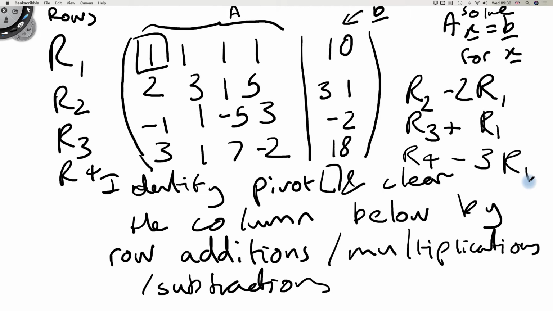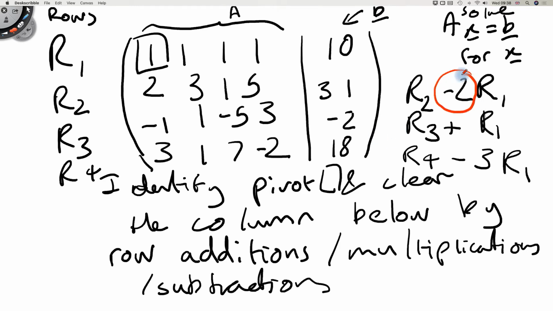It's just your simultaneous equations. We're just identifying a pivot row that we leave alone, and then we clear below it with these operations. But what I want you to take note of now, as we're doing that, is the coefficients we were using to perform that clearance.